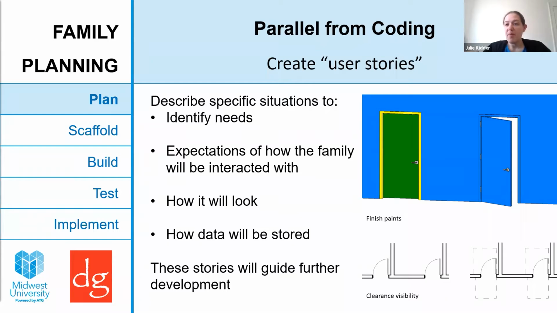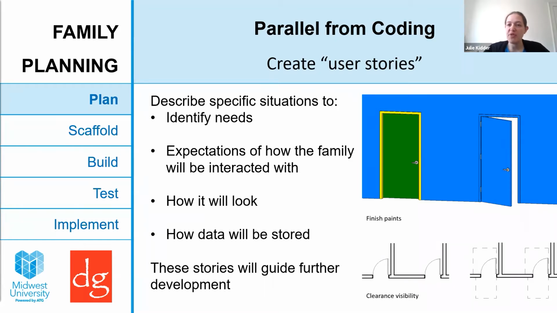So there's a lot of parallels from the world of coding, designing websites, building programs, that really parallels how families are built. And one of those is the creation of user stories. And in coding, that's done to explain how you want a product to work, or how you want a user to interact with a website.